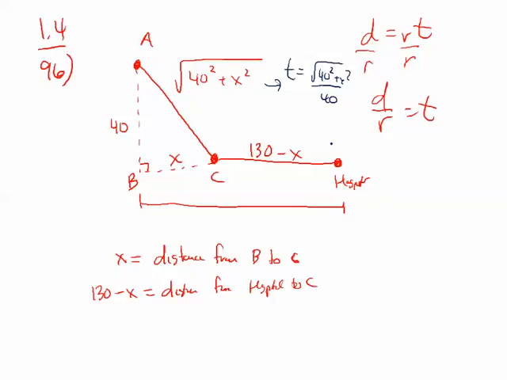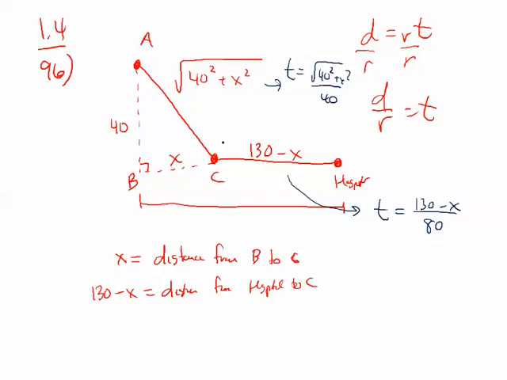Then it says the ambulance can travel at 80 miles an hour. So that means we have a time for the ambulance. The ambulance can travel, again, the distance it needs to travel divided by how fast it's traveling. Good? And there that gives us the time that it's going to take to travel.